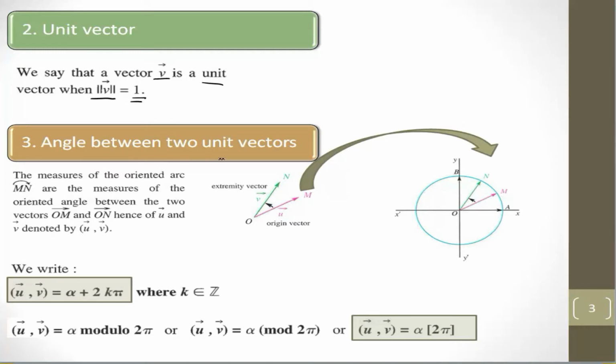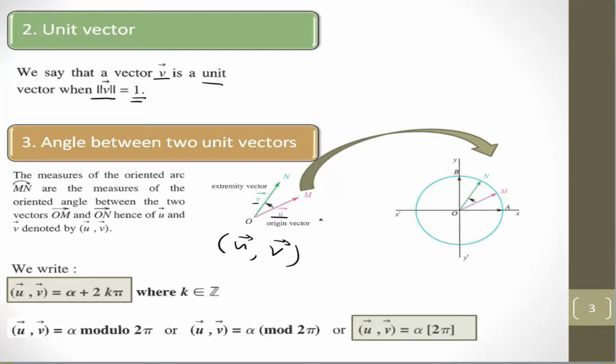The angle between two unit vectors: if we have two unit vectors like u and v, for example, we say that the angle between OM and ON, or u, v, we write it like that, (u, v).